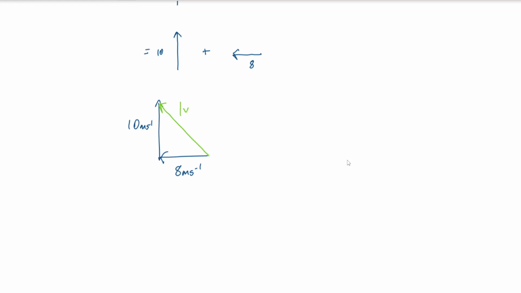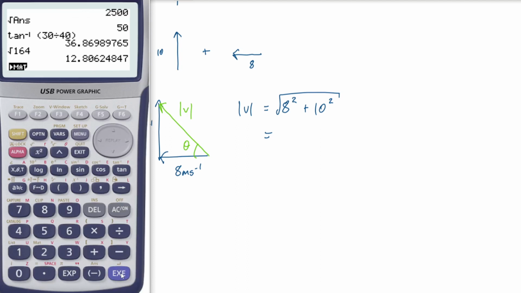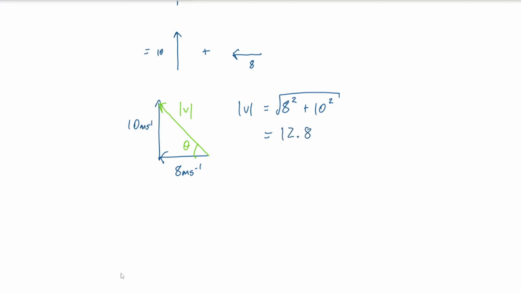And we can work out this magnitude, and then we can work out the angle to specify the direction. So working out the magnitude, we know by Pythagoras' theorem, the sum of the square of the sides, square rooted, will give the magnitude. So what's that? 64 plus 100, square root of 164, square root 164 gives 12.8 meters per second.